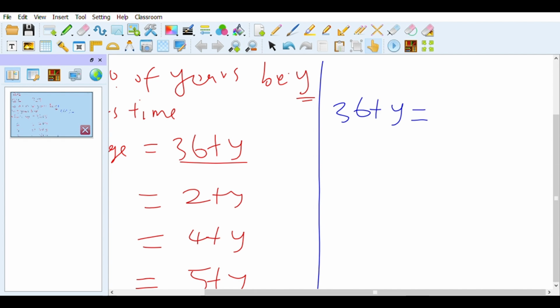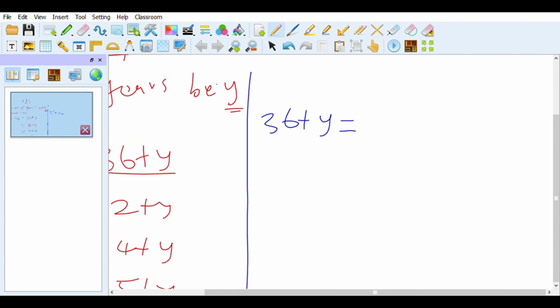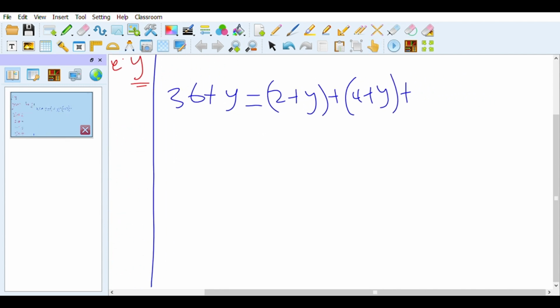So in y years' time, the father's age is 36 plus y, and the children's ages are 2 plus y, 4 plus y, 5 plus y, and 7 plus y, and we're going to sum them up.